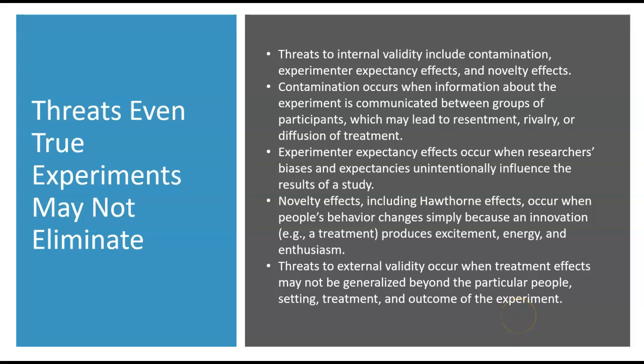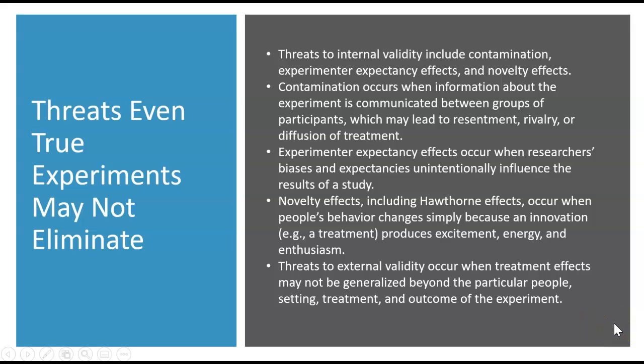This can happen, for example, if you've run your experiments using college students as your subject population, and you find an effect of your independent variable manipulation. But then when you take it out into the world and you're testing with people who are significantly older, with different experiences and different backgrounds, you find that your finding just doesn't hold up.